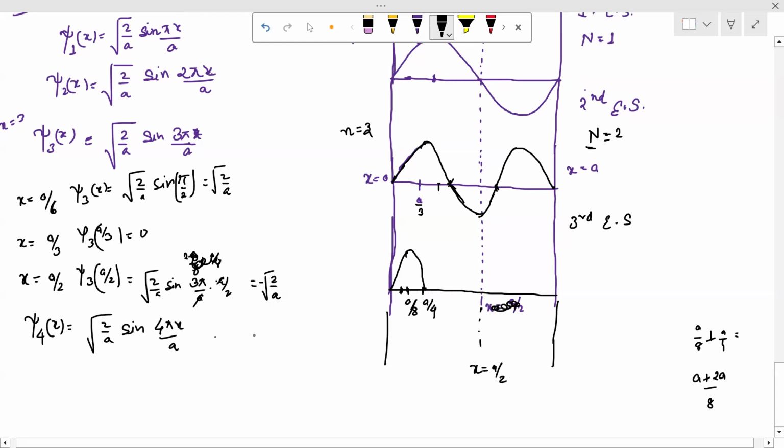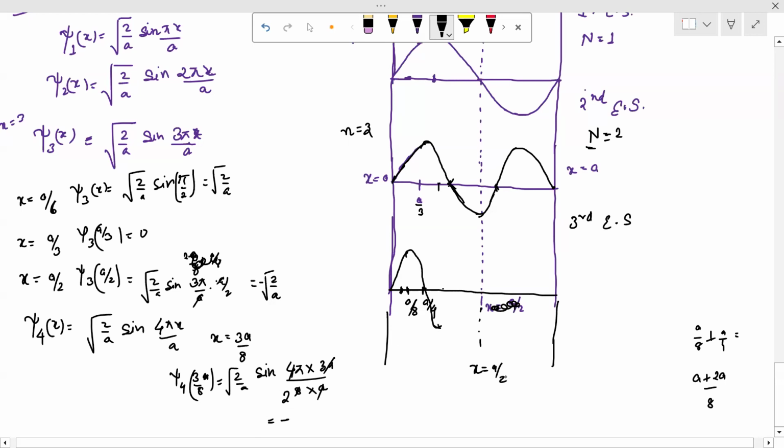So if I take x equal to 3a upon 8, psi 4 at 3a upon 8 would be simply root over 2 upon a sine of 4 pi into 3a upon 8, and then you have a. So a cancels a, and this becomes 3 pi by 2. So this will become negative here.